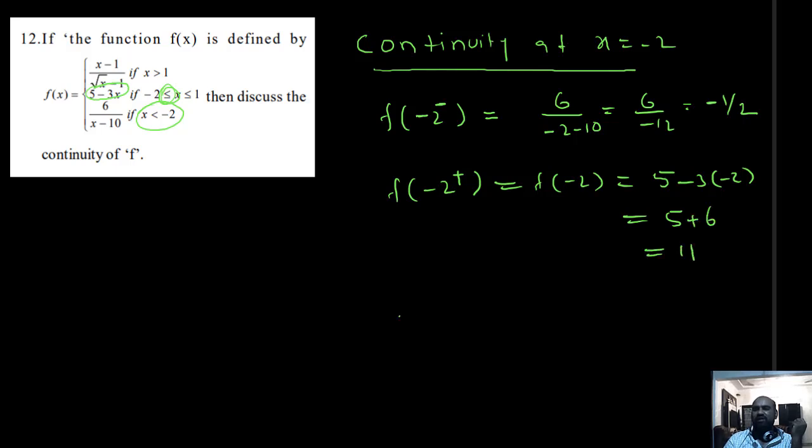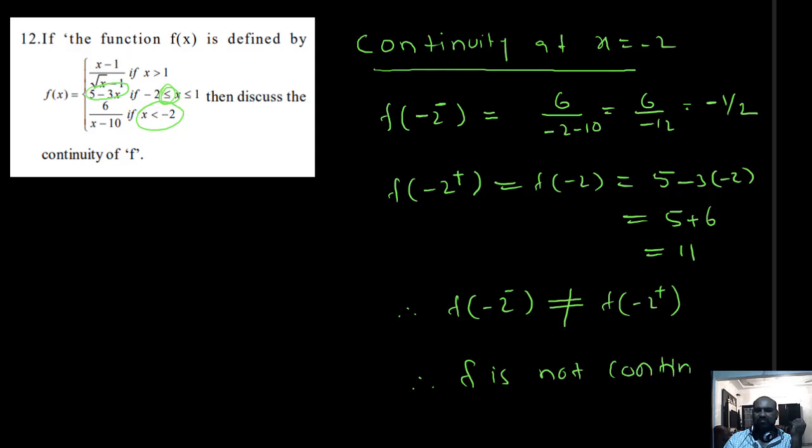What is the meaning of that? F of minus 2 minus not equal to f of minus 2 plus. Therefore, f is not continuous at x equal to minus 2.